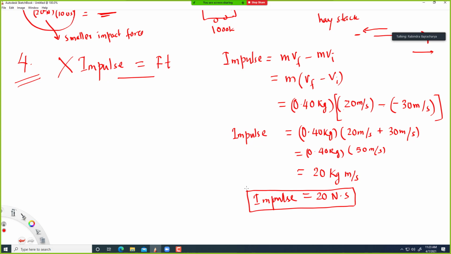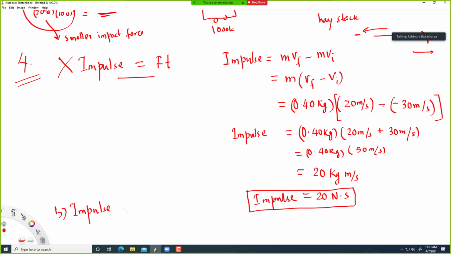Now let's look at B. I think you should be able to do B after doing number 3. So for impulse, we have two formulas here. Which one would be useful to find force? The first one, right?